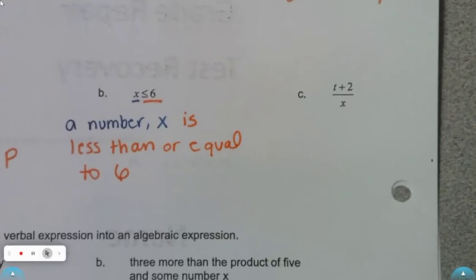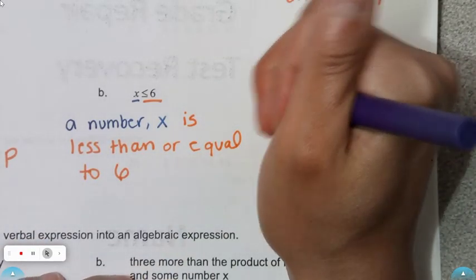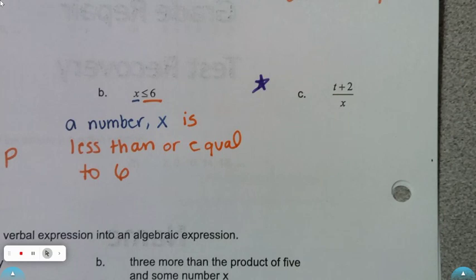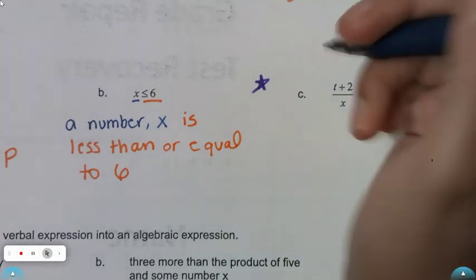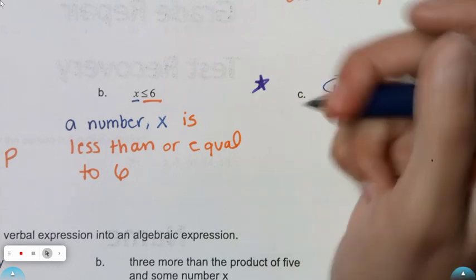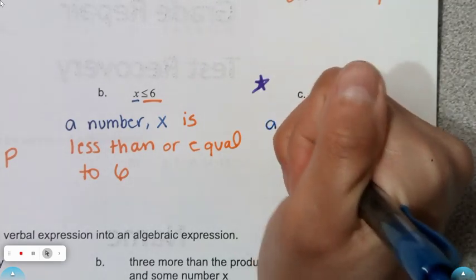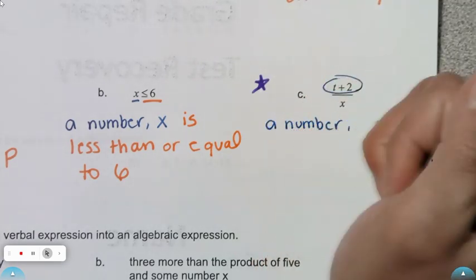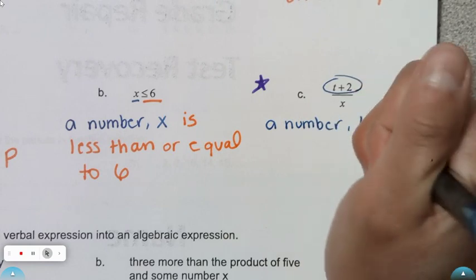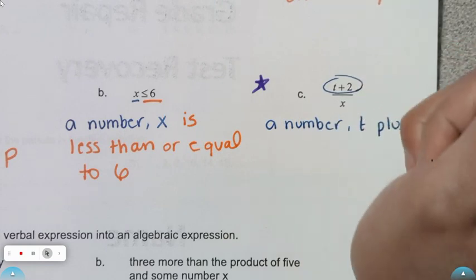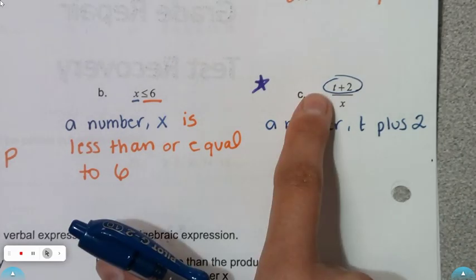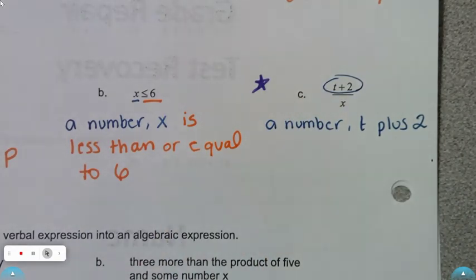Okay, let's talk about the last one, letter C. Letter C is probably the most challenging because there's a lot going on here. All right, so I'm going to talk about all of the top first, and then I'll talk about all of the bottom. So on the top, I have a number t, and then I'm doing plus 2. Okay, that's just the top. And all of that is being divided by x, or some number x.